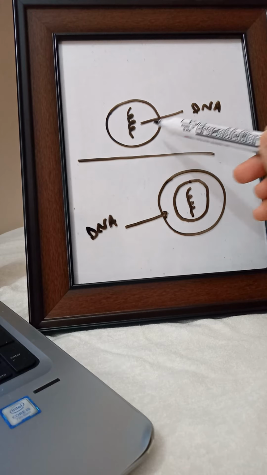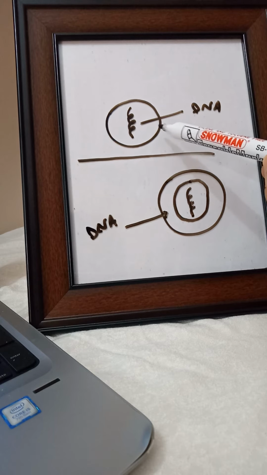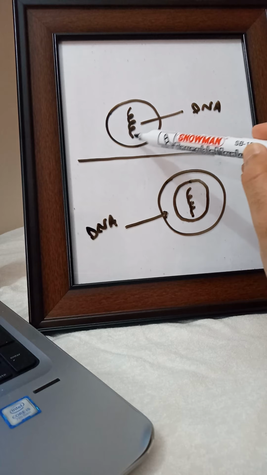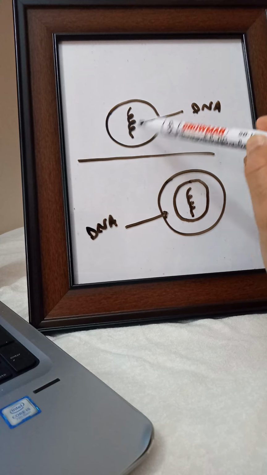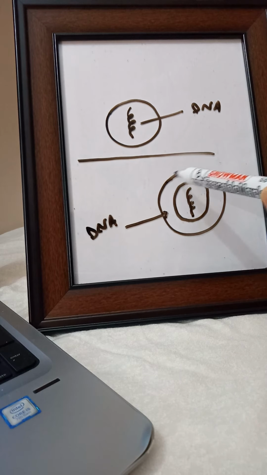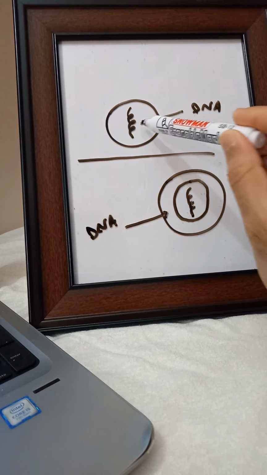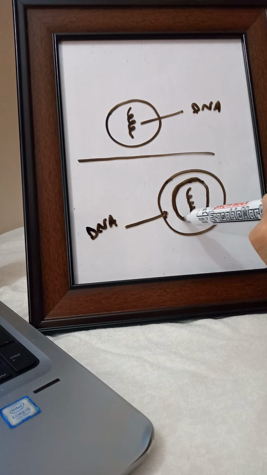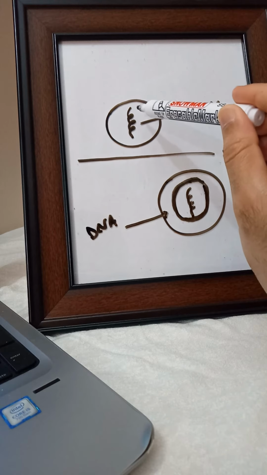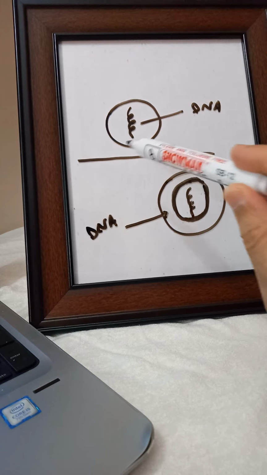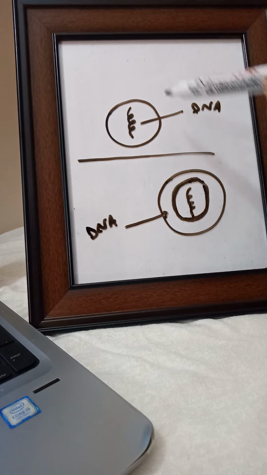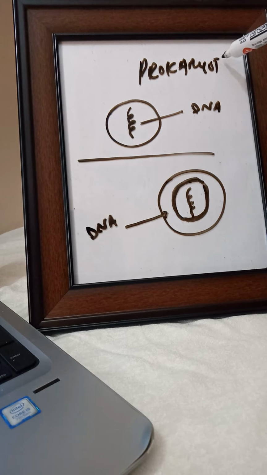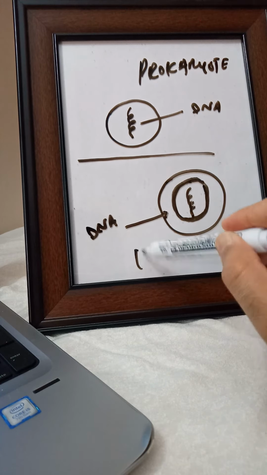So what is the difference between these two cells? You can clearly see that the top cell, although it contains DNA, has DNA that is not wrapped by another layer. While this cell has the DNA just like this, but its DNA is further protected by a layer, and the other cell is lacking that layer. So this is the difference between prokaryote and eukaryote. This one is a prokaryote, while this cell is a eukaryote.